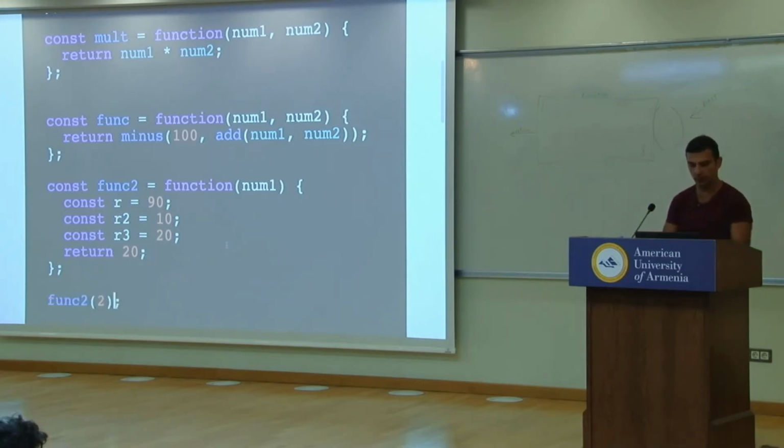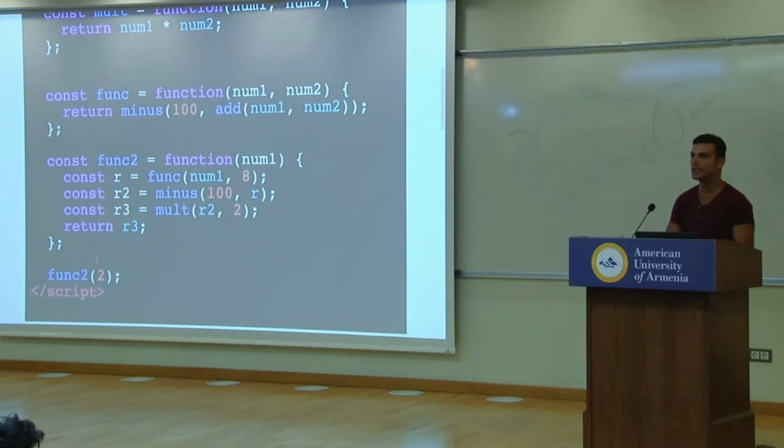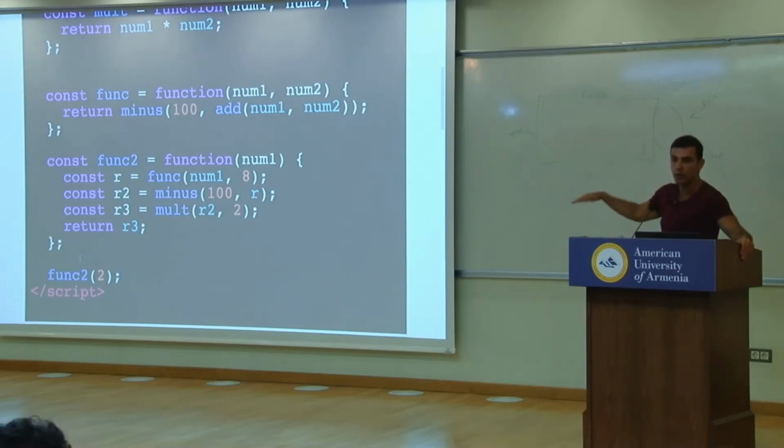Watch this. Let me put everything back to the way it was. There. And let's use a tool called a debugger. First, what is a debugger? A debugger is something that allows you to go through the execution of your code one step at a time. That way you can see what's happening in your program, right?